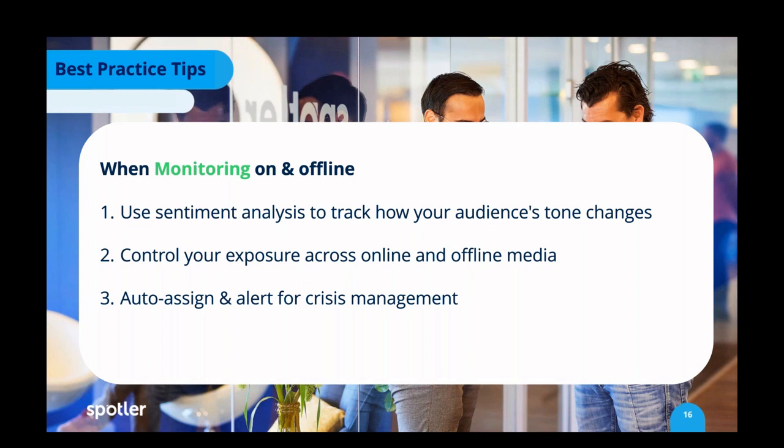So when things go wrong with your sector, your brand, your competitors, it's really important to rely on the automated alert system and automated assign system that the rules manager of your platform should have, so the right people instantly get notified of anything bad going on that we need to react to.